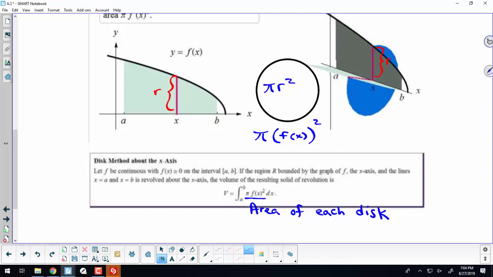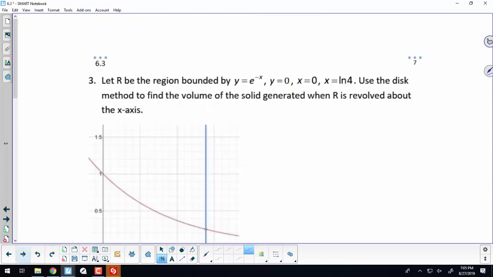But if you can get a grasp on what the image will look like, specifically what happens to your rectangle when you revolve it this way or that way, it will totally help determining which method to use. If you're bad at visualizing stuff, that's totally fine. Just remember the disk method is this, the other method is something different. Just have to remember that.